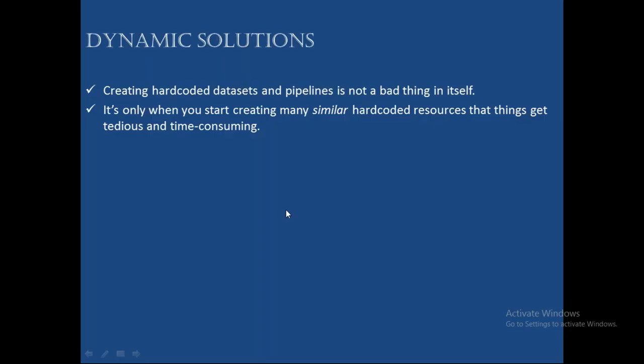So in this case, instead of repeating the same code again and again, you use some dynamic nature, so that instead of creating 100 copies of the same thing, you can achieve the same task with a single pipeline or a single dataset. How?